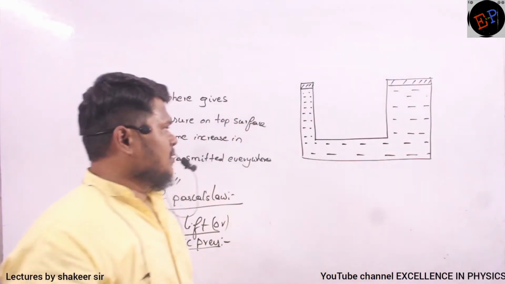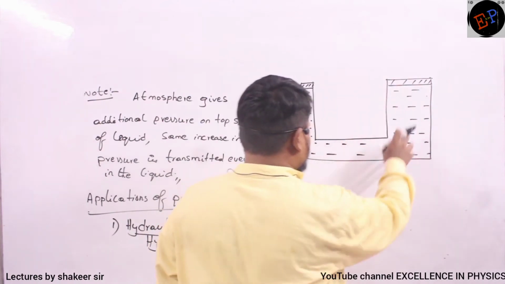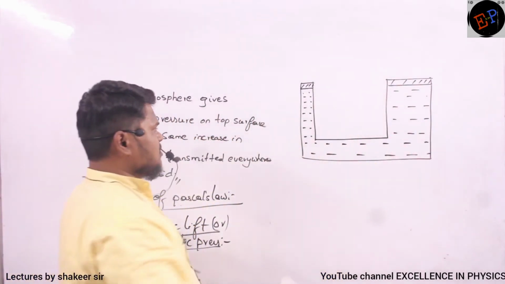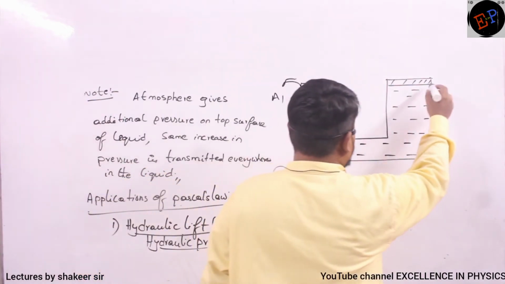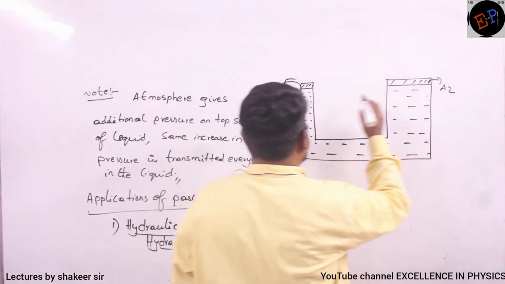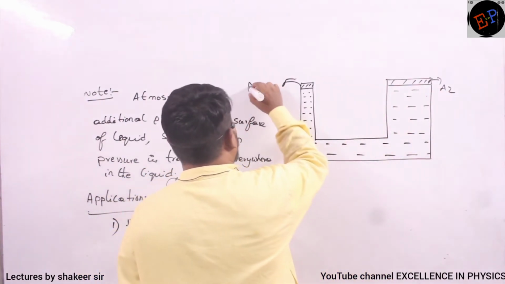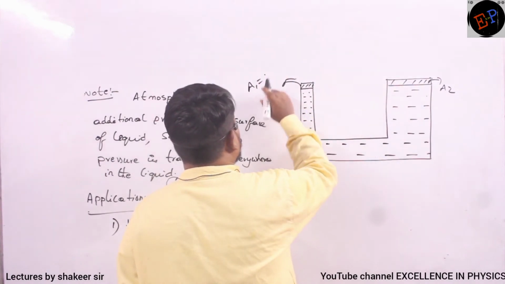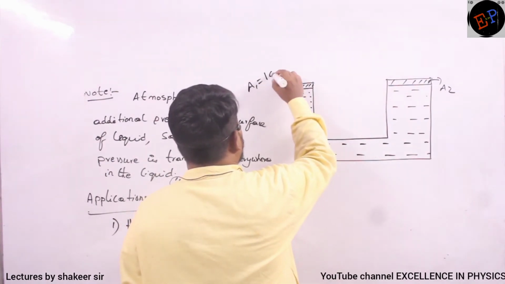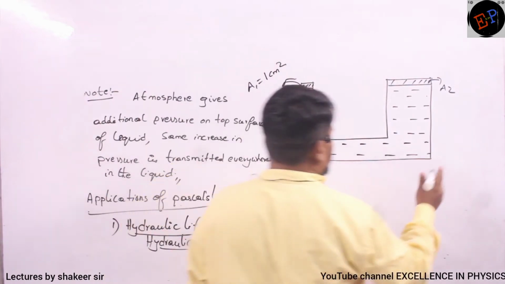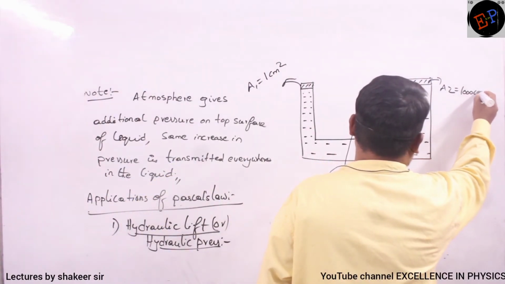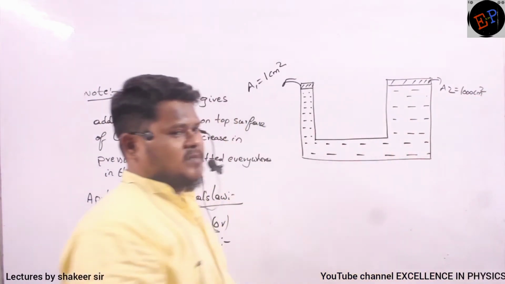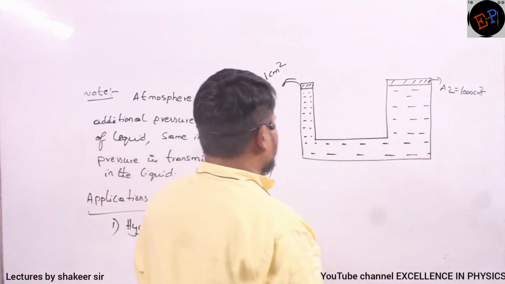Here there is a construction in which two pistons are arranged. This is the first piston, which has an area of A1, and this is the second piston, which has an area of A2. Let us consider A1 equals 1 centimeter square, and A2 equals 1000 centimeter square. Everyone understand? Areas are different.